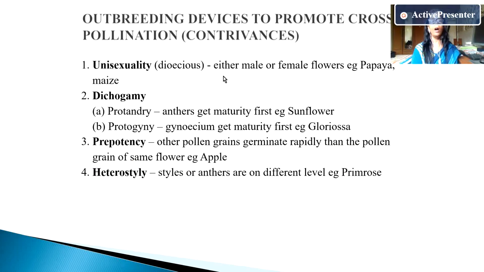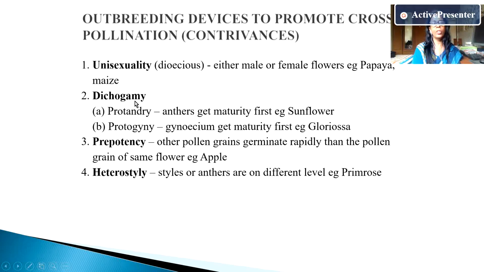Then what are the outbreeding devices to promote cross pollination? These are adaptations naturally present in the flowers. The first one is unisexuality. Flowers are dioecious, either male or female. In that case, they have to depend on foreign pollen grains, so in the same flower the pollination does not take place. Then dichogamy. Dicho means different.